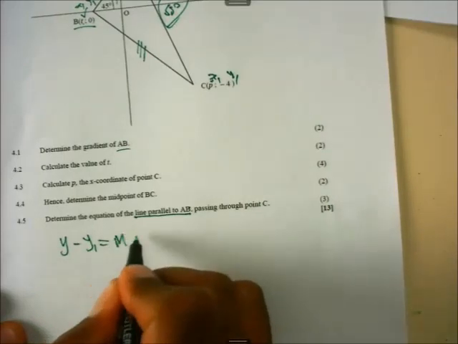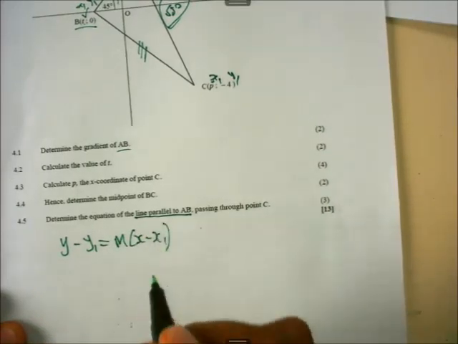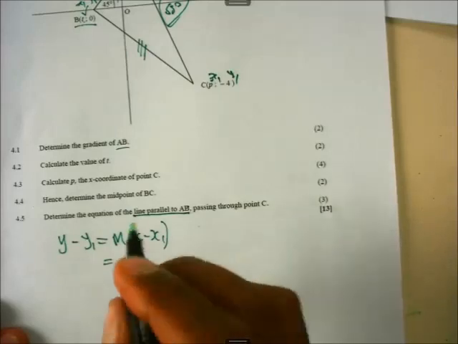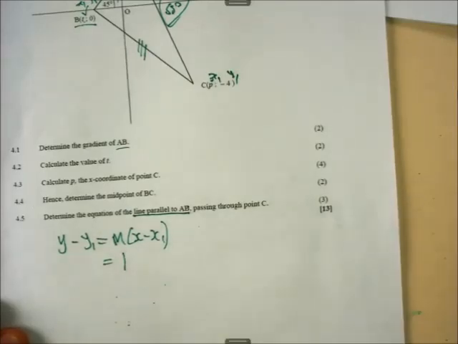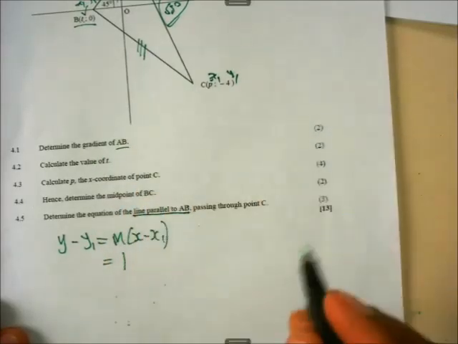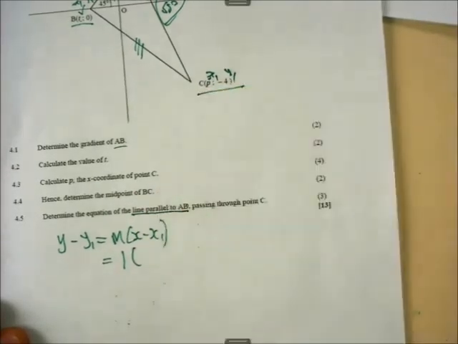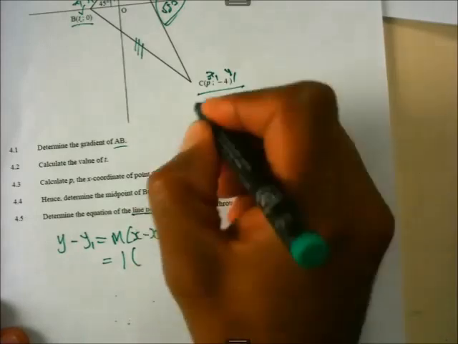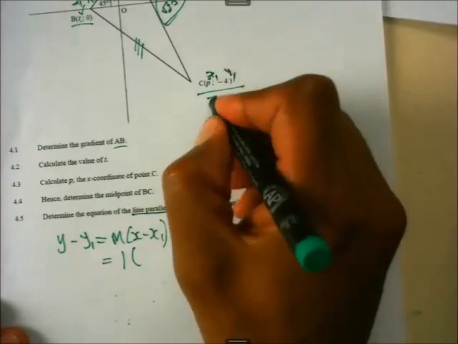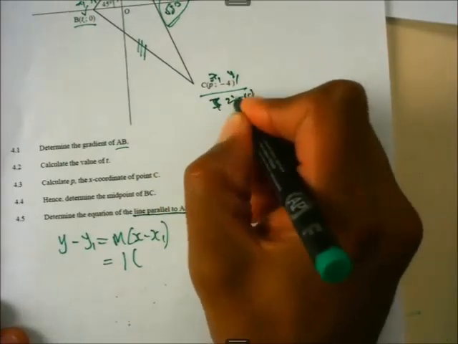equals m into x minus x1, right? What is the gradient? The gradient there is 1. You remember the gradient of AB is 1. Then from here, you have the point C. What are the coordinates of point C? Point C is positive 2 as well as minus 4, right?